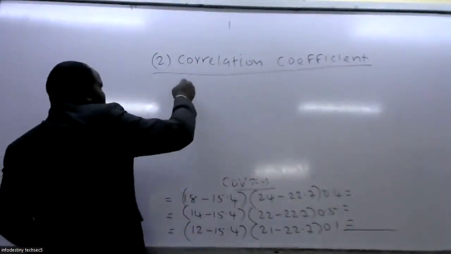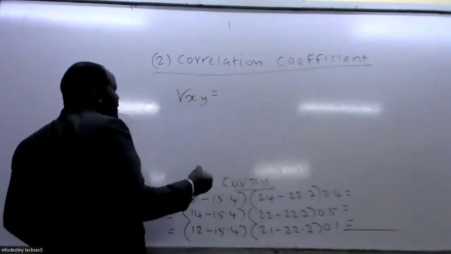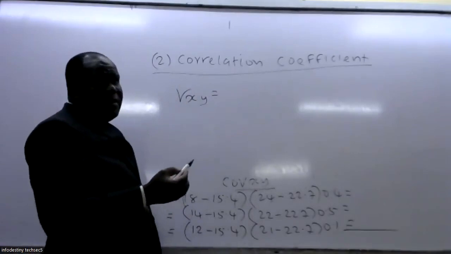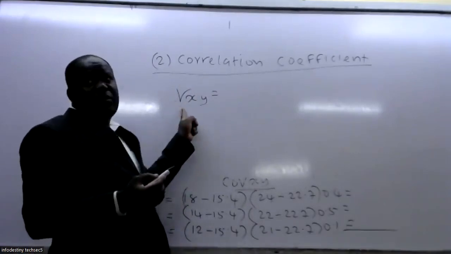So, to compute the correlation coefficient between X and Y, R will be representing the correlation coefficient.